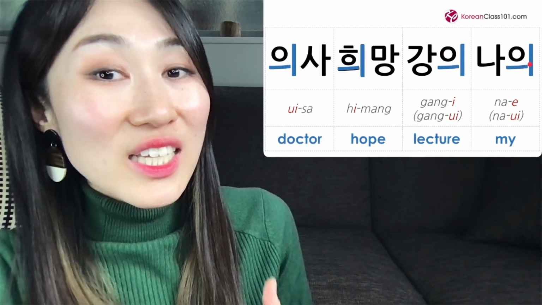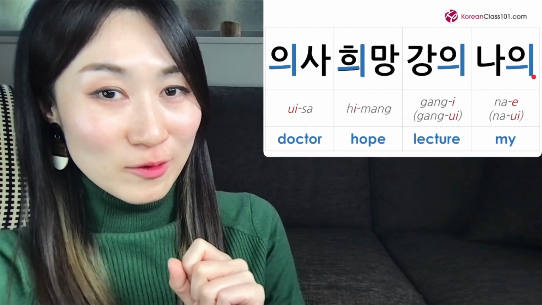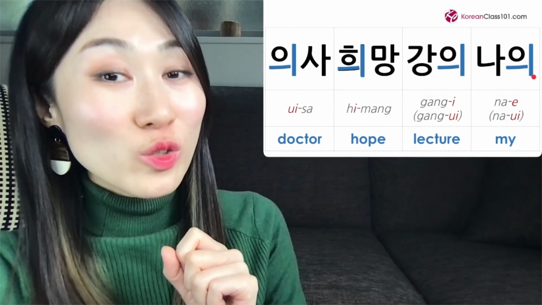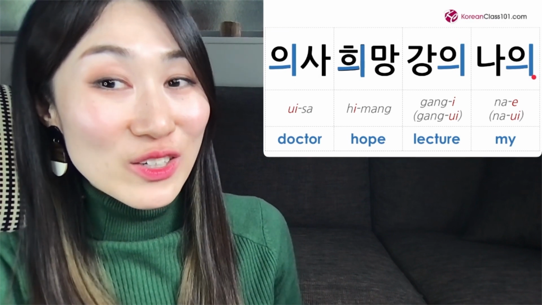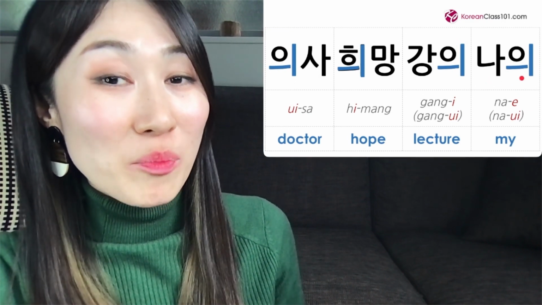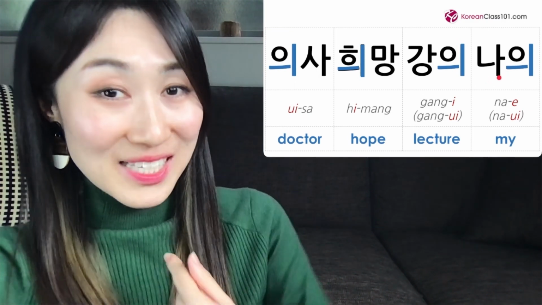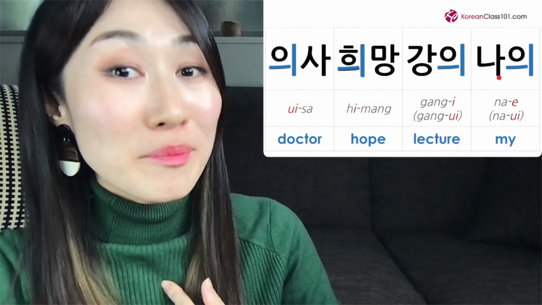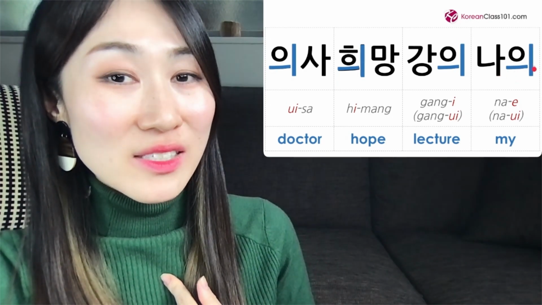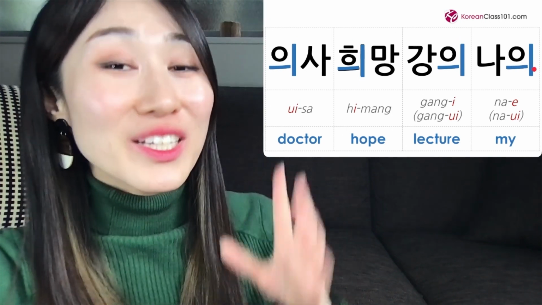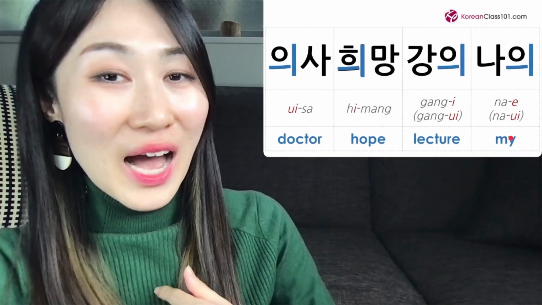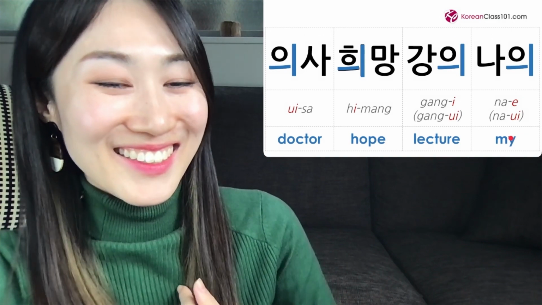But 의 here is a particle. You know the possessive particle 의? Here it is used as the possessive particle 의. So 나 means I or me. 의 means possessive particle. It's like of or 's. So it literally means I's or me's.